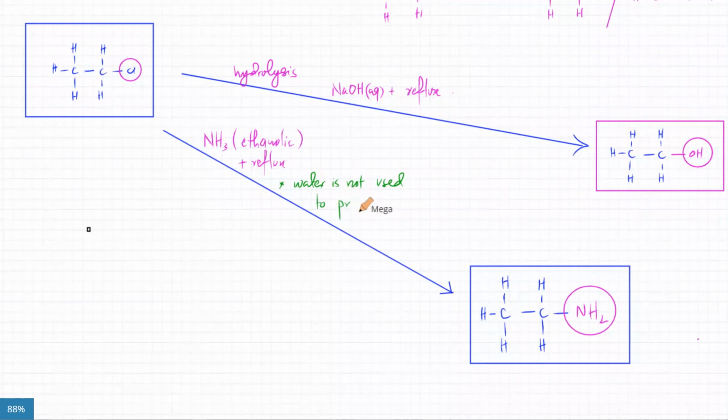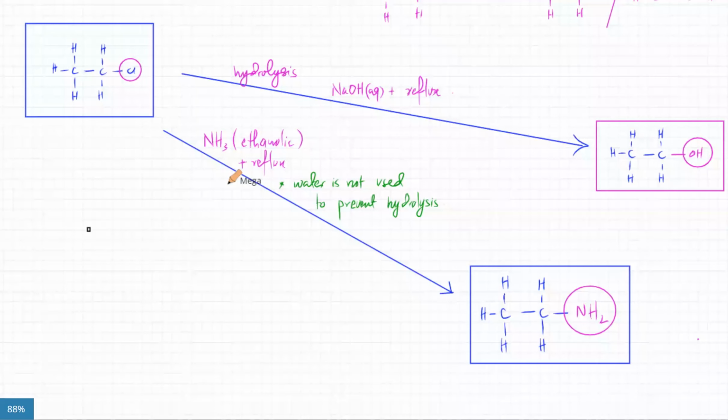So even if you want to dissolve ammonia, you're going to dissolve it in ethanol, not in water. Water will not be used as a solvent, so that the above reaction does not happen. Is that clear? Yes, sir. So ethanolic simply refers to the solvent.